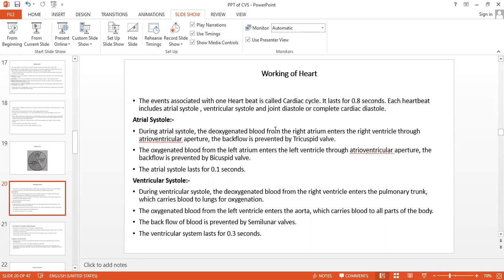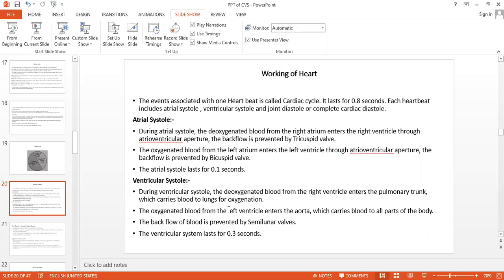The tricuspid valve is present on the right side, and the bicuspid valve on the left side. So when the atria contract, they empty their contents into the respective ventricles. It lasts for 0.1 second.